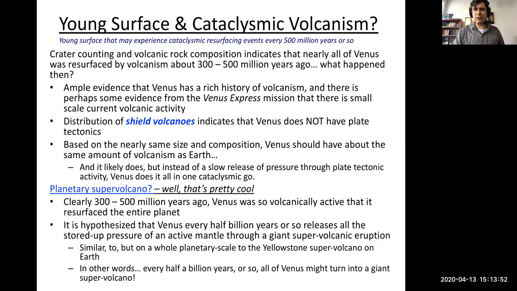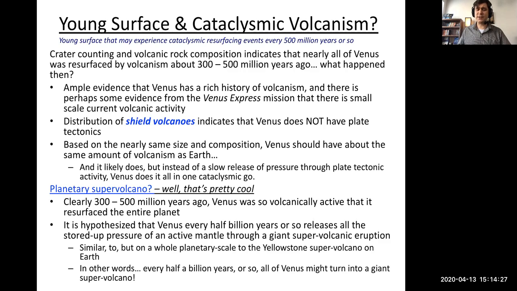It should have the same amount of volcanism, so over time, all that pressure of that volcanism that wants out is pushing out onto Venus, and it's hypothesized that every 500 million years or so, there's some global catastrophic event where that pressure finally wins out. It's like a pressure cooker that doesn't have a release valve: eventually that thing's going to explode, except Venus isn't going to blow up as a planet.